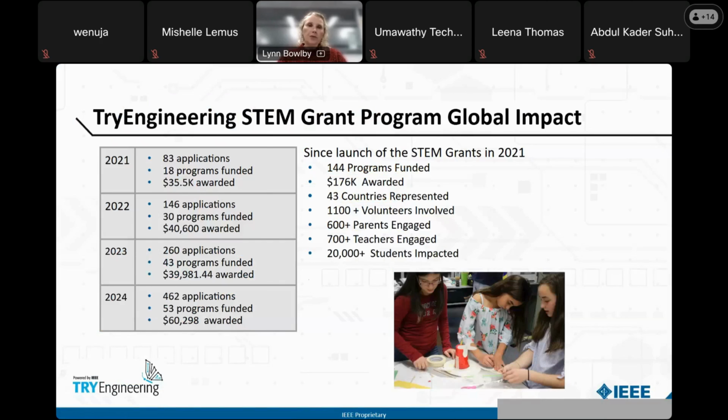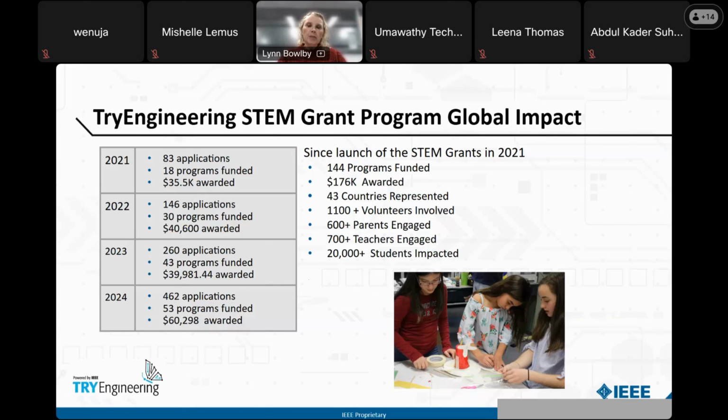We've represented 43 countries, and over 1,100 volunteers, over 600 parents, over 700 teachers, and over 20,000 school-aged students have been impacted by the grant programs that have received funding from this program. One thing to keep in mind is each year we have seen an increase in applications, and last year we had 462 applications and 53 programs funded.